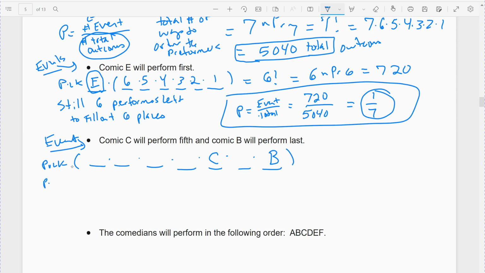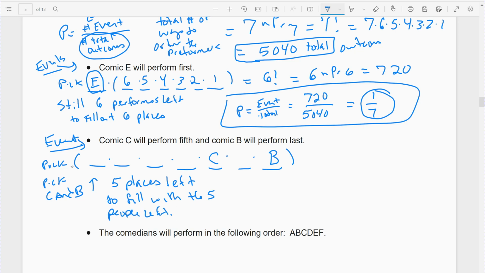So we've already picked C and B, which means I have 5 spots left to fill with the 5 performers left.